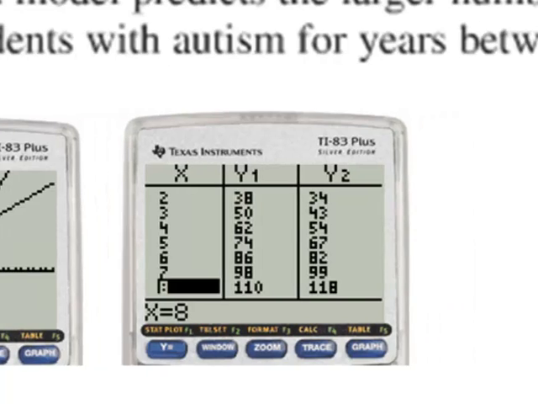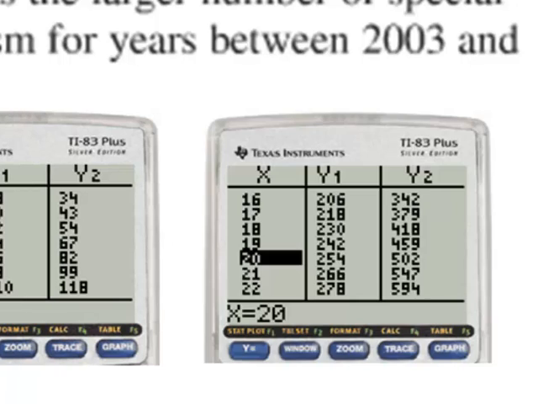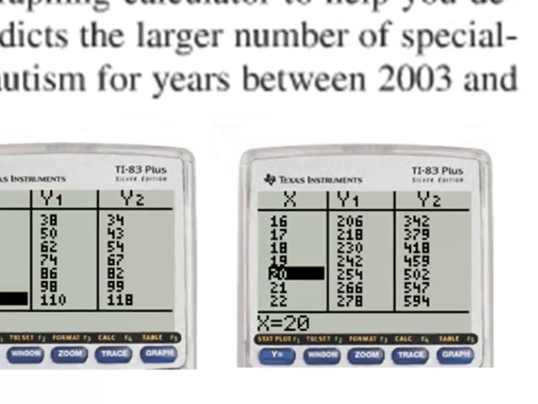To verify this, we can use the table feature. When x is 8, that's the year 2003, we see that y2, the quadratic, is larger than y1, the linear model. For 2015, that's when x is 20, and we see y2 again is larger than y1, the linear model.